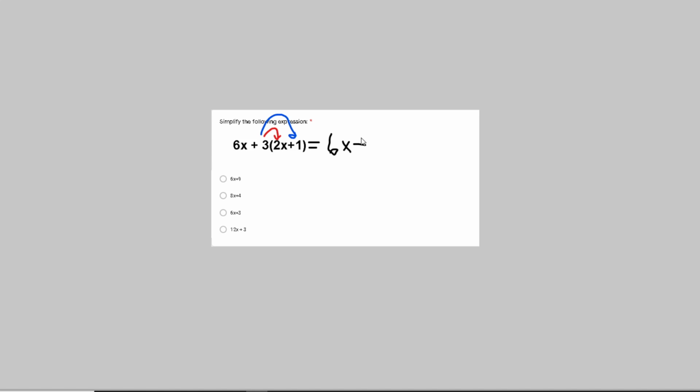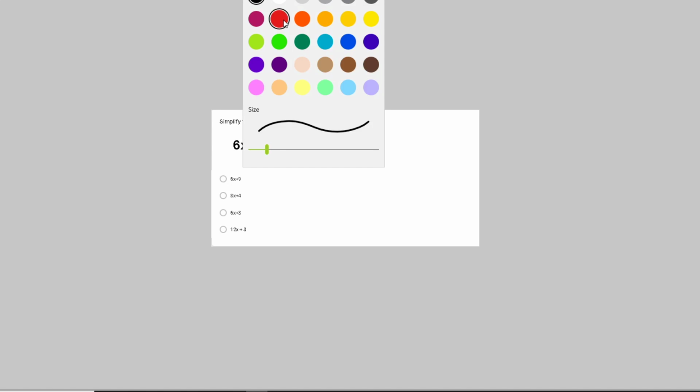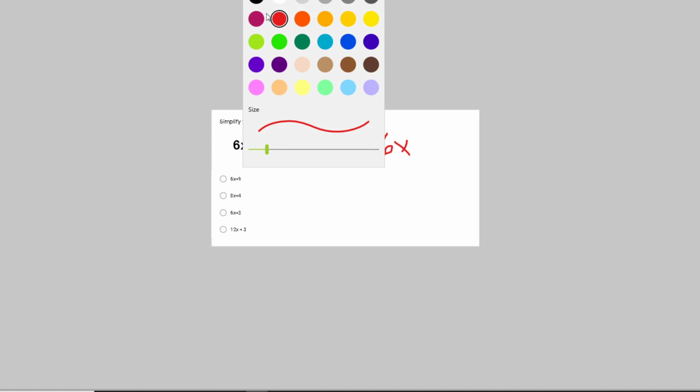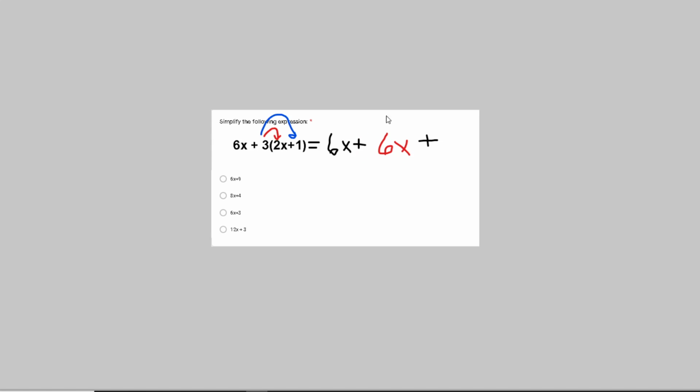Now we're doing plus 3 times 2x, the red arrow. 3 times 2x would be 6x. Plus 3 times 1 with the blue arrow, which would be 3. Now you add these up.